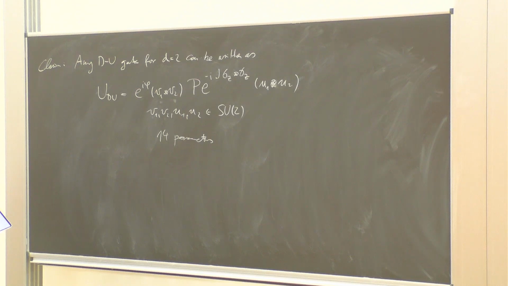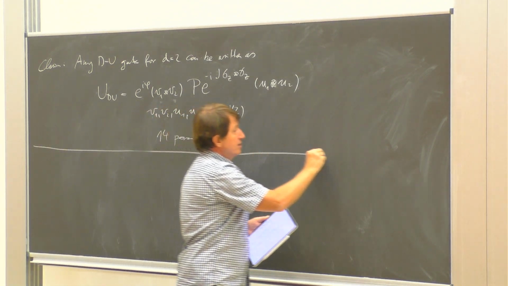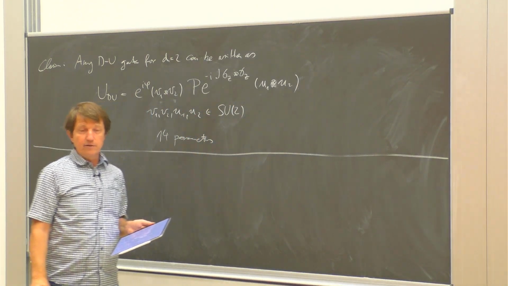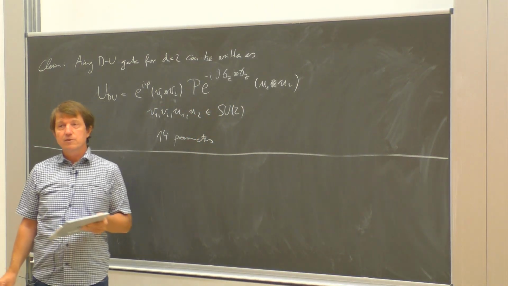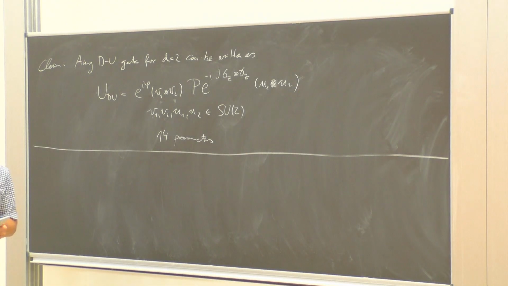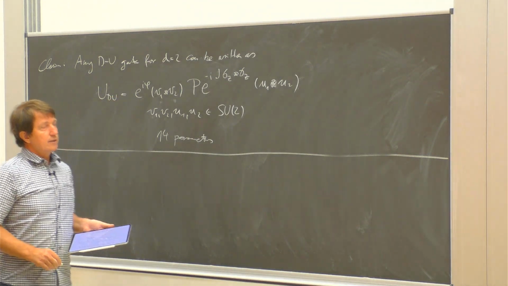Now I could spend some time to tell you what you can do in higher dimensions. It's a very interesting problem, and maybe you should ask Carol about this because it's related to other problems in quantum information theory. These dual unitary matrices are related to some other manifolds which are interesting.